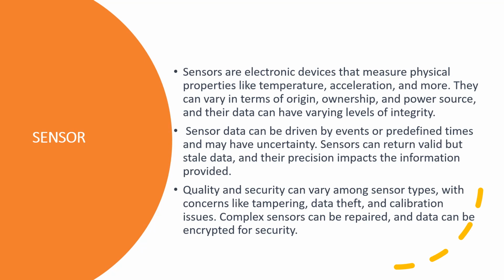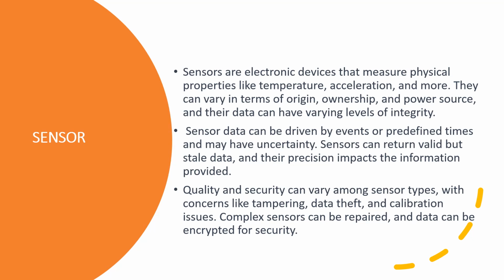Sensor data can be driven by events or predefined times and may have uncertainty. Sensors can return valid but stale data, and their precision impacts the information provided. Quality and security can vary among sensor types, with concerns like tampering, data theft, and calibration issues. Complex sensors can be repaired and data can be encrypted for security.